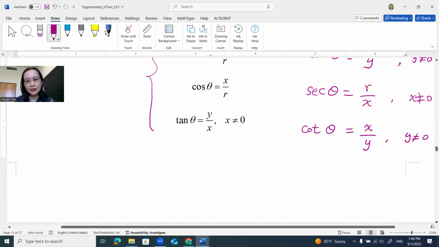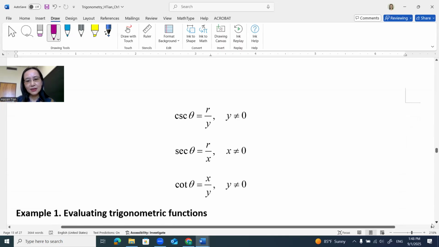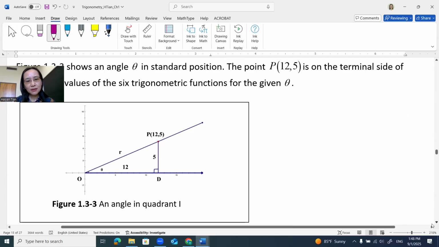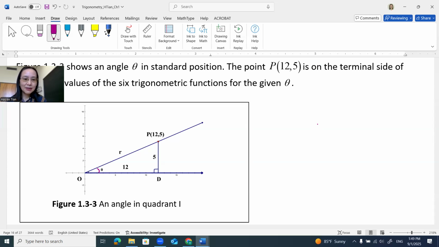Now let's apply the definitions and work on this angle theta. You see theta is given, in standard position, and we have a point P on the terminal side of the angle theta. We're ready to calculate the 6 trigonometric function values for this theta.